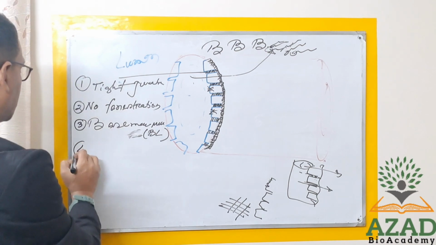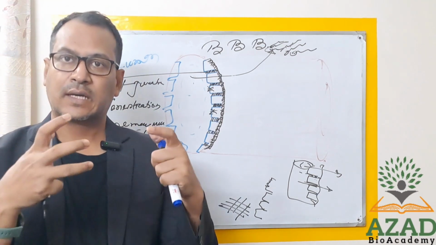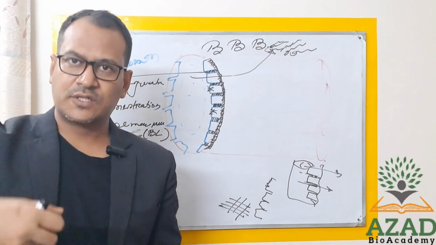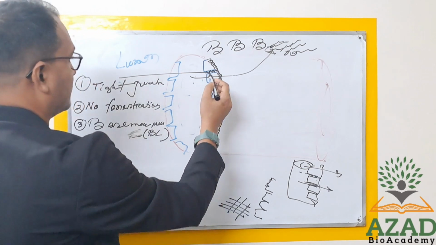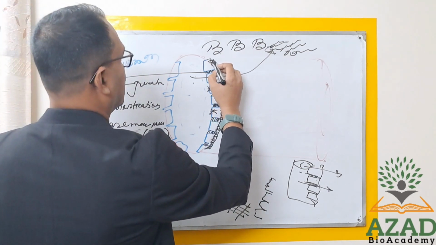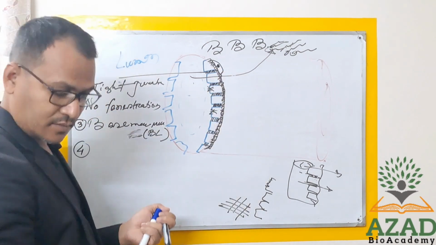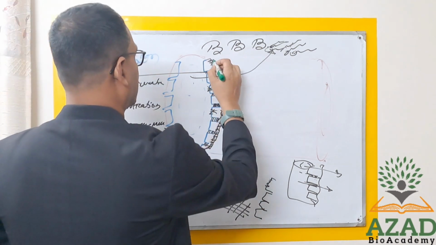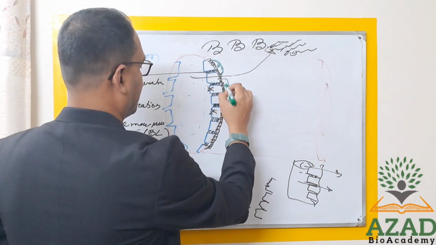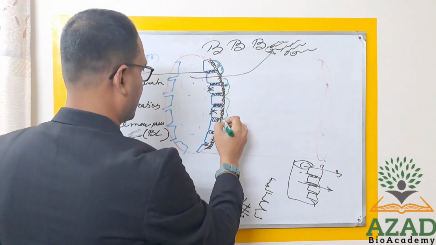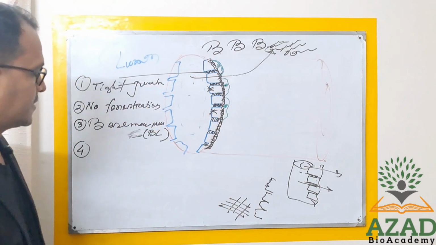and the fourth one is that the basement membrane is also covered or wrapped by some special type of cell. That cell is pericyte. Just if I draw in a different color, that would be better. So that is called pericyte.